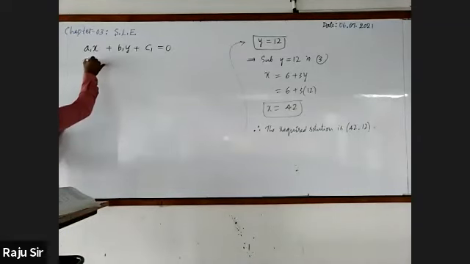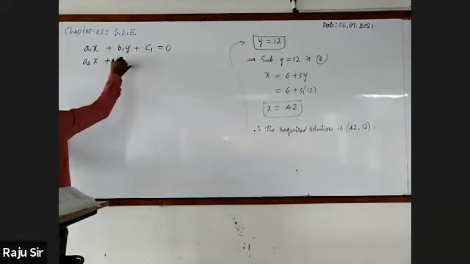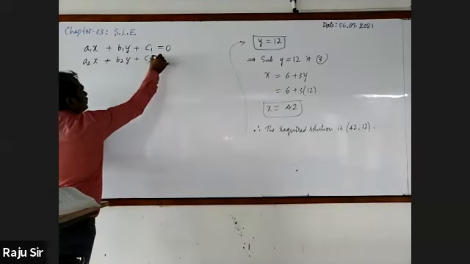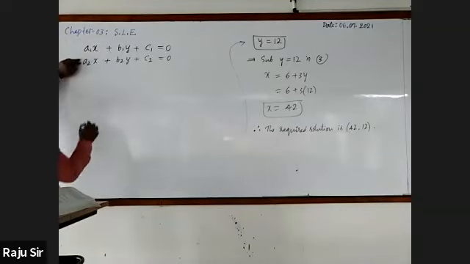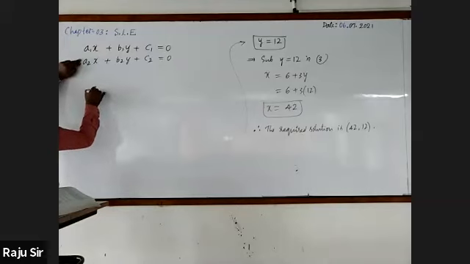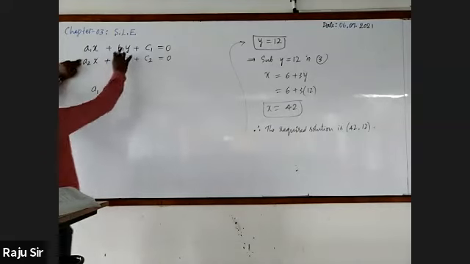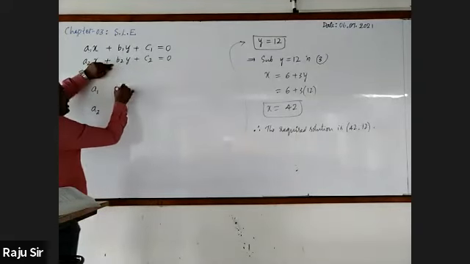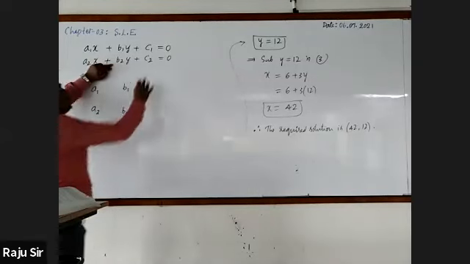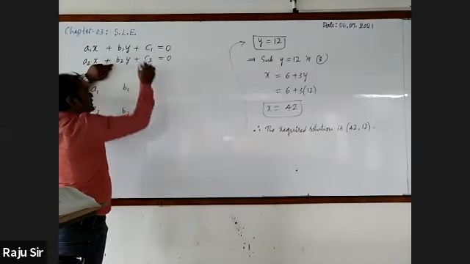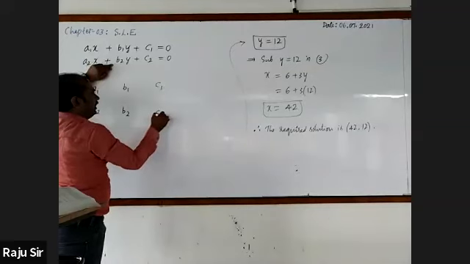And second equation is a2x plus b2y plus c2 is equal to 0. Here I go for taking the coefficients. The coefficients of x are a1, a2, and coefficients of y are b1, b2. Constants are c1 and c2.